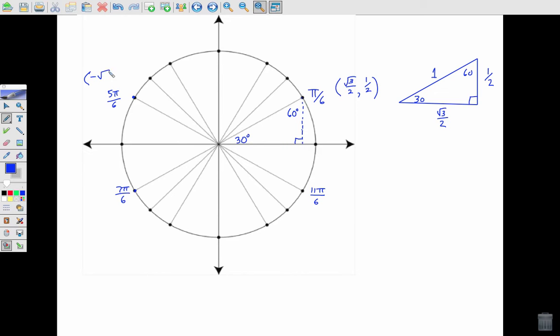So 5 pi over 6 has a negative x value and a positive y value. 7 pi over 6 has both negative, and 11 pi over 6 has a positive x value and a negative y value.